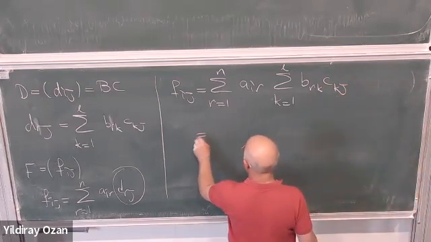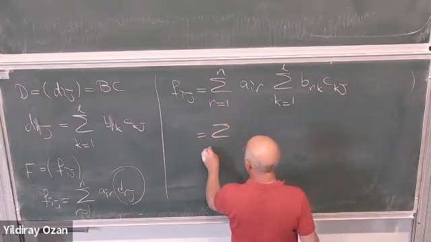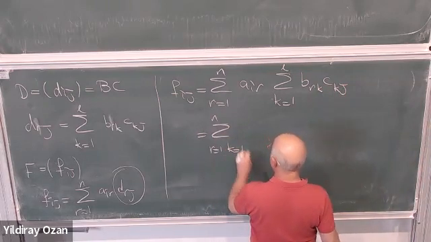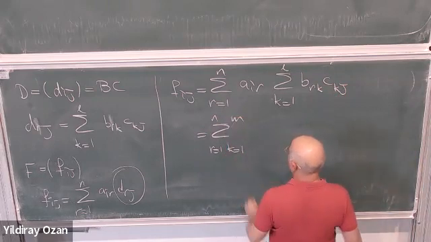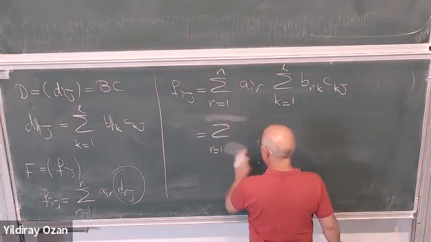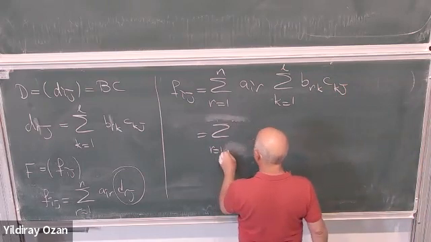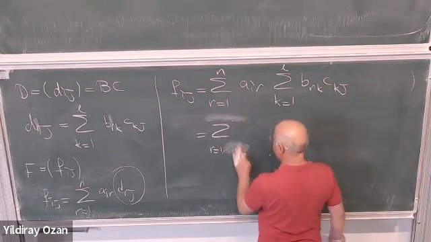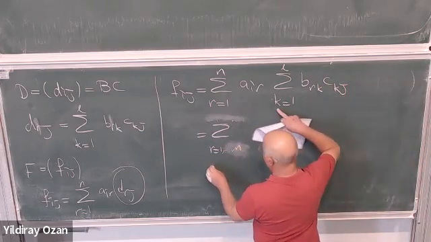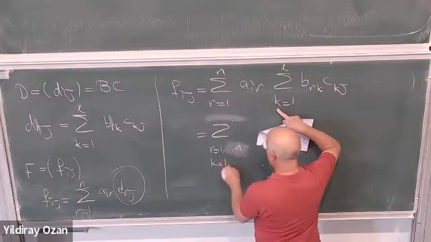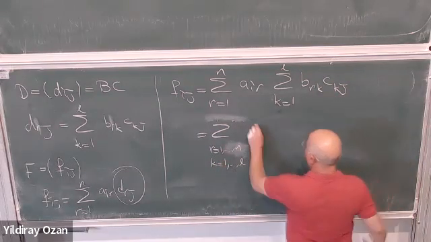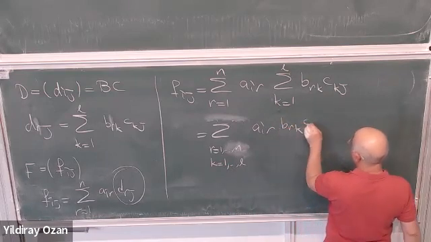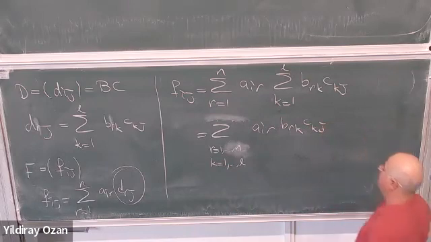So what we have is this: the summation from r equals 1 to N and the summation over k from 1 up to L of Air Brk Ckj.